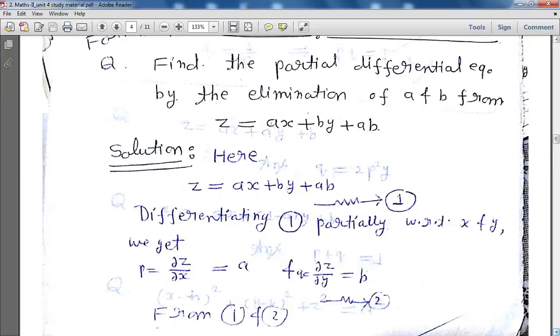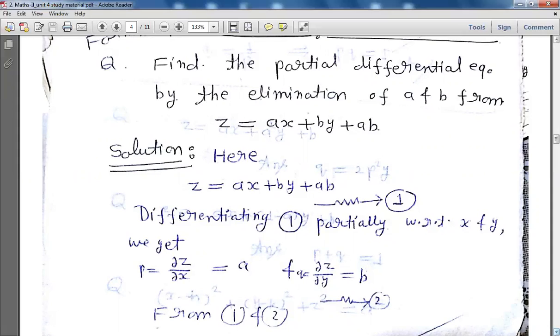First we write the relation z equal to ax plus by plus ab, represented as equation 1. Differentiating this relation 1 partially with respect to x and y, we get del z by del x equal to a, and the other variables are kept constant, so that result is 0.